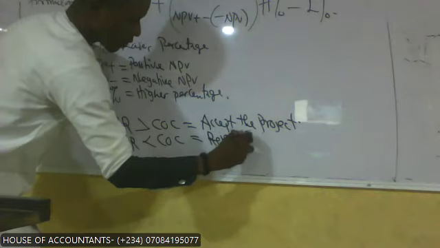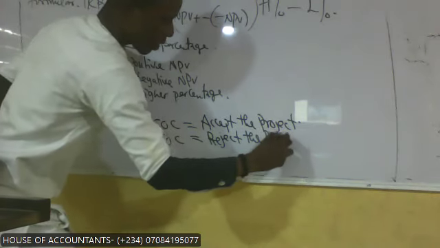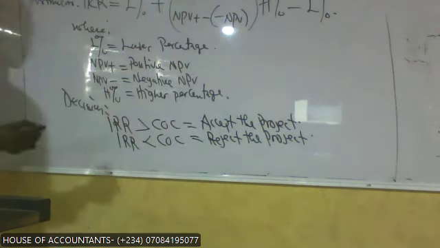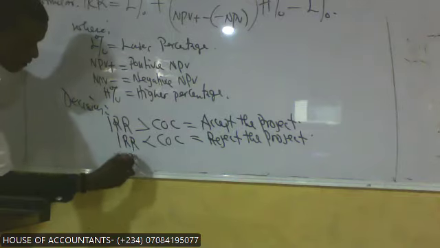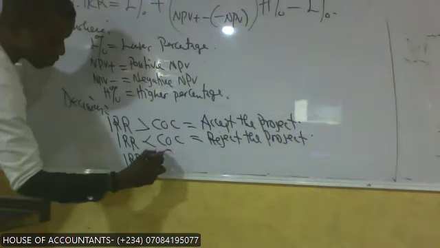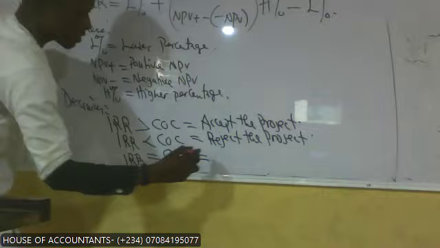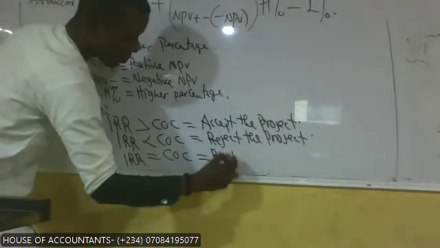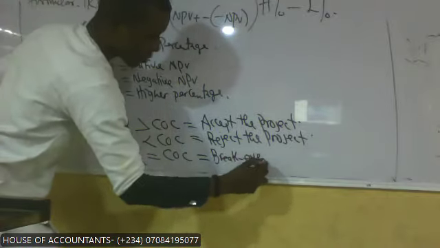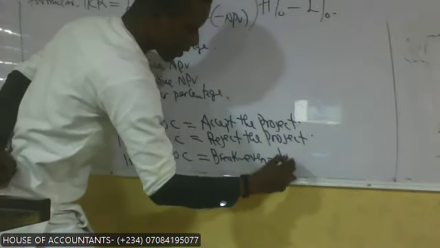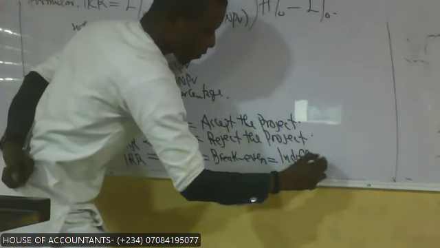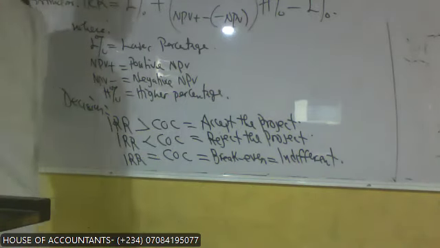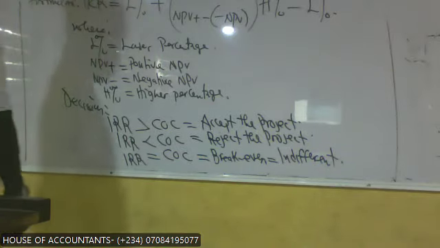You will reject the project. That is, your recommendation should be that the project should not be undertaken. And we can have a situation whereby the internal rate of return is equal to the cost of capital. Here, you break even, you can recommend an indifferent position. You neither make profits nor loss.